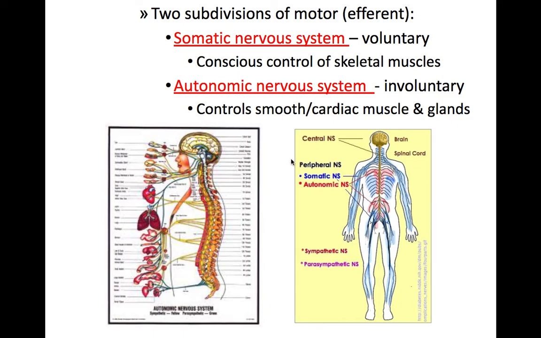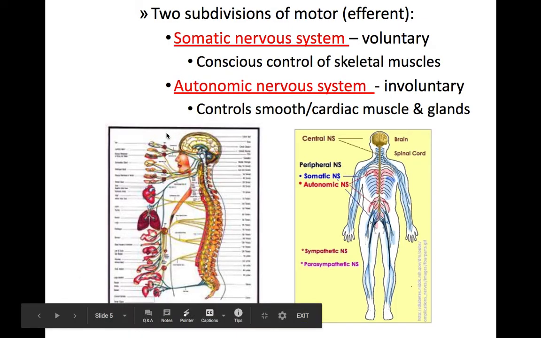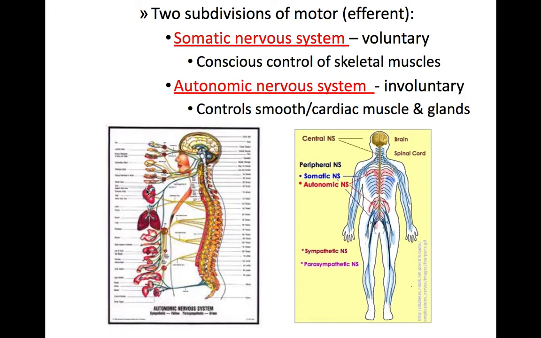Once again, the words central and peripheral refer to structural classifications of how your nervous system is structured, and the words somatic and autonomic refer to functional classification.